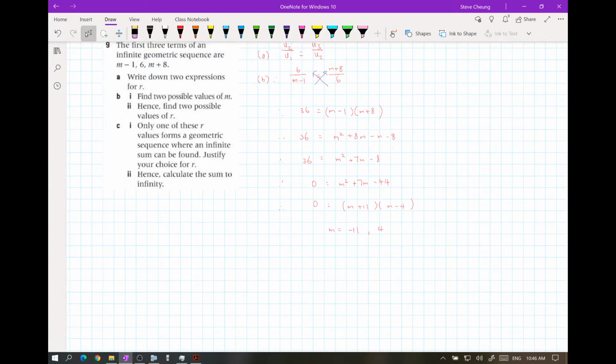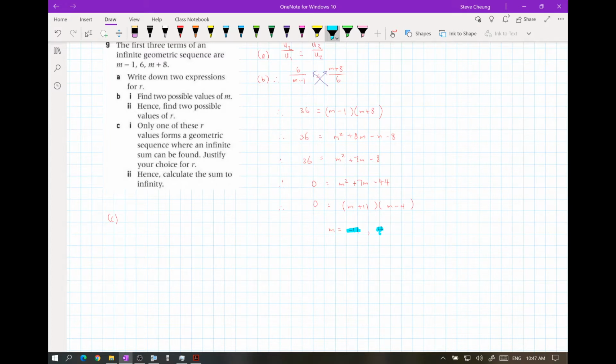Now C is, I'm going to put C here so that I can fit everything onto the same screen. One of these R values forms a geometric sequence where it is infinite. So what do they mean by that? Remember, we have a restriction for R. So first of all, what is R?